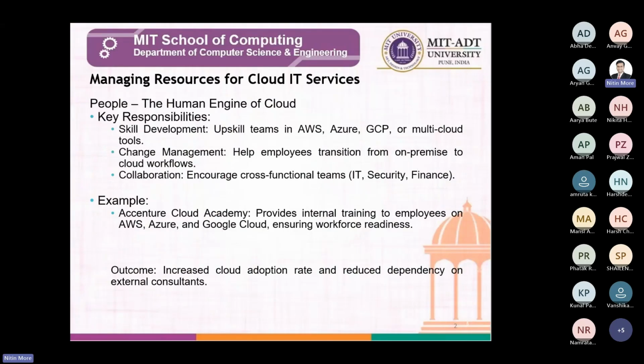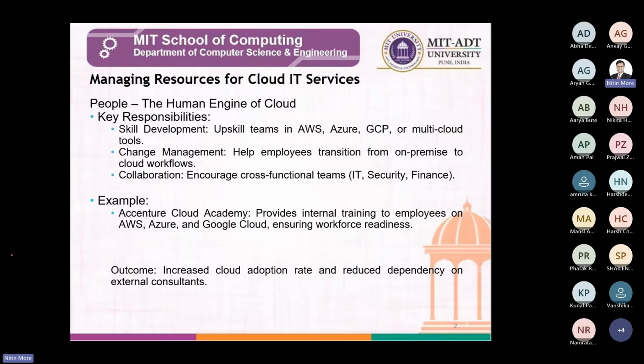This is what we have discussed for people, that is the human engine of the cloud, which has key responsibilities like skill development, upskilling in teams, so getting properly certified in cloud services, the latest technologies, or multi-cloud tools.